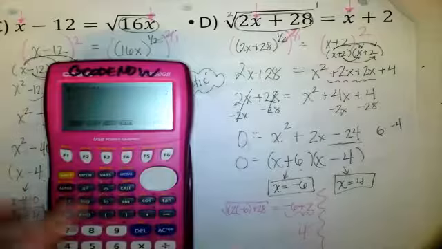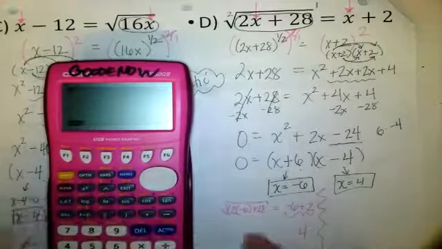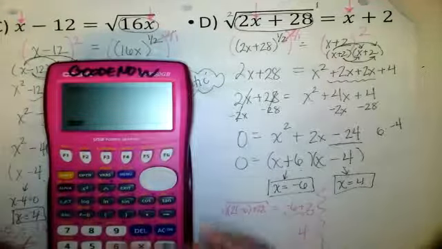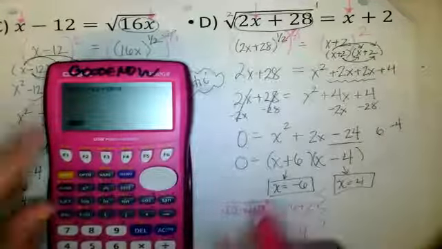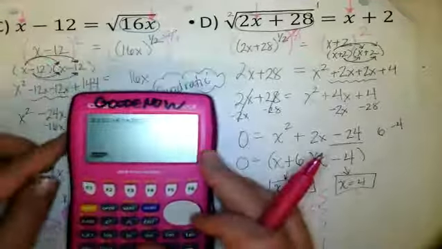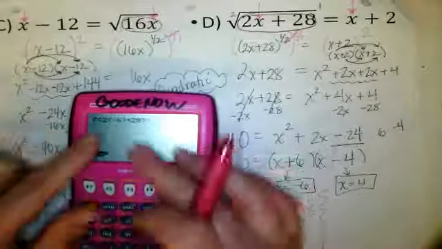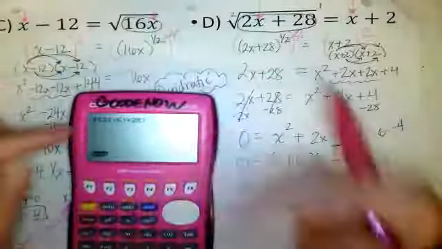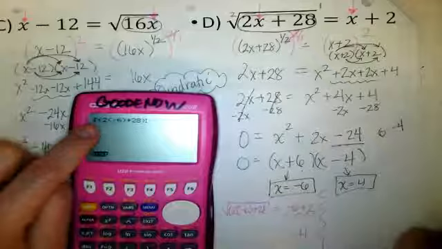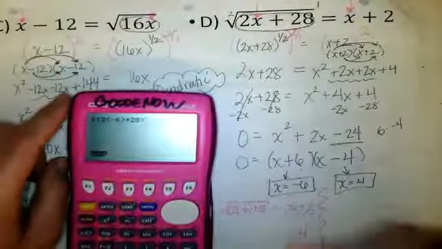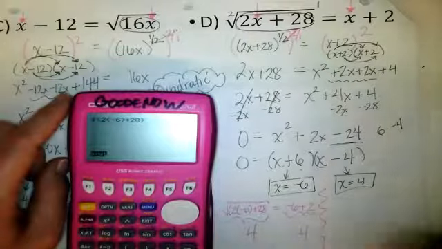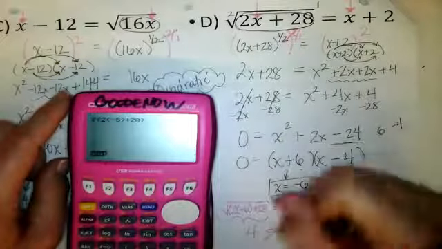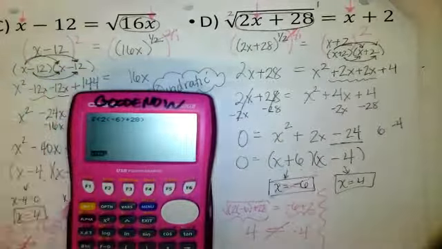I want the square root of the quantity 2 times my negative 6 plus the 28. You can see how I'm closing those parentheses. All of that, those outer parentheses, tell me that it's all under the radical. Really important. That equals 4. Does that work? No, does not equal. So that is a false solution.